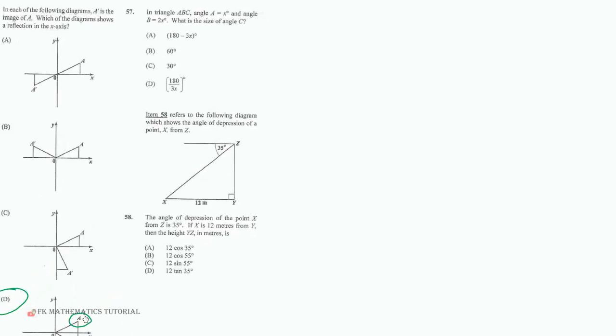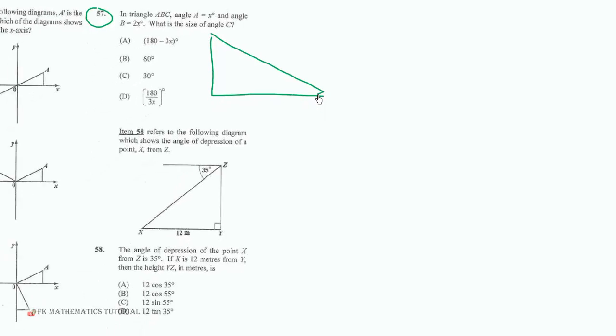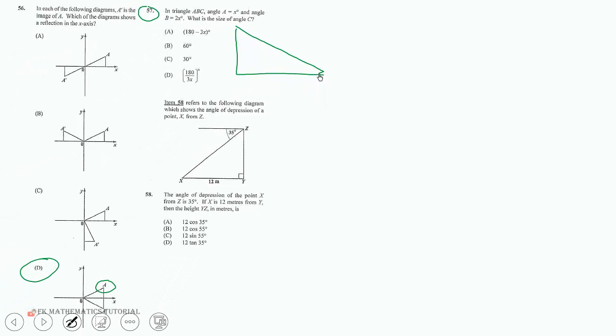Now let's look at item 57. In triangle ABC, angle A is equal to x degrees and angle B is equal to 2x degrees. What is the size of angle C? We know that in a triangle, all the angles sum up to 180. We have x here, we have 2x here, and we don't know this one.